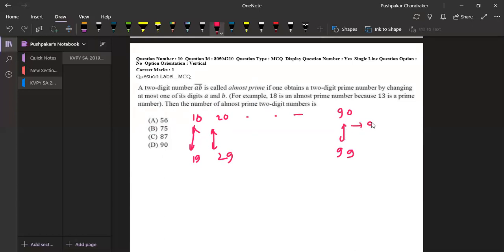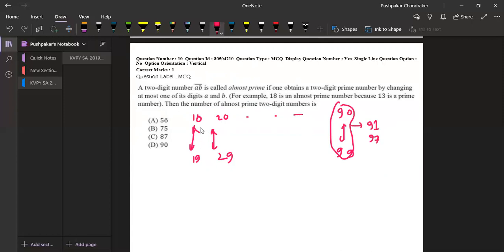Like here, the last one, 91 is one, and 97 is one more prime. Just verify here. Yes, so these two. Definitely, because these are prime, I can replace any digit of this set of 9 numbers to make it 99 or 97.